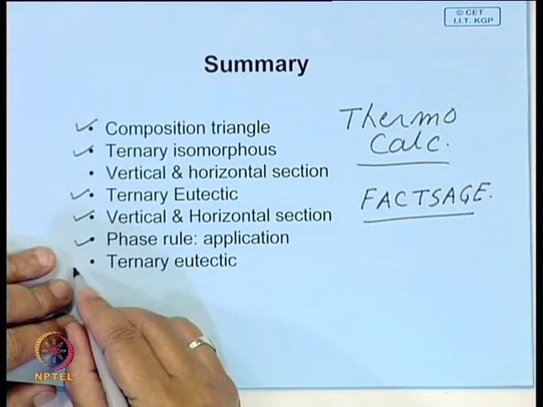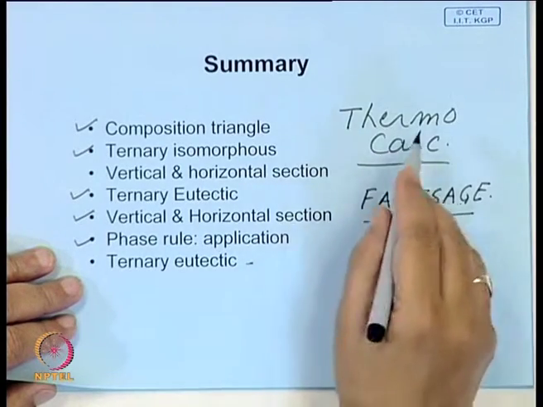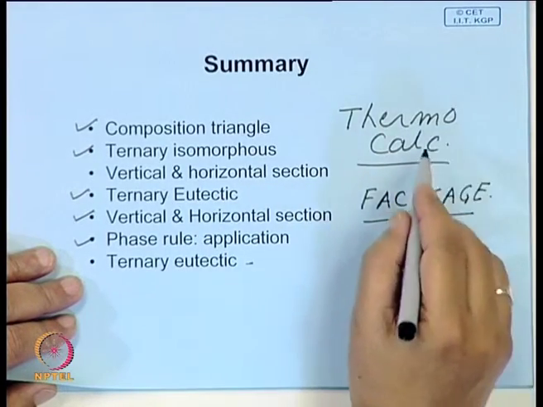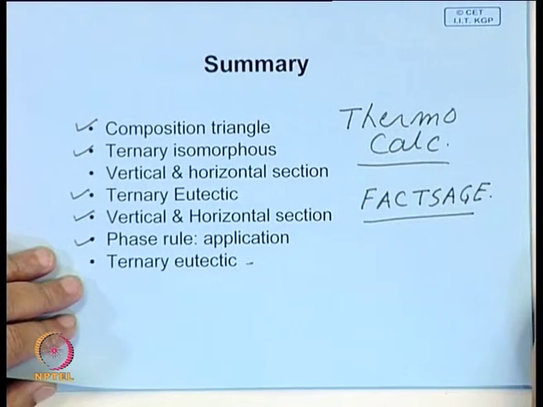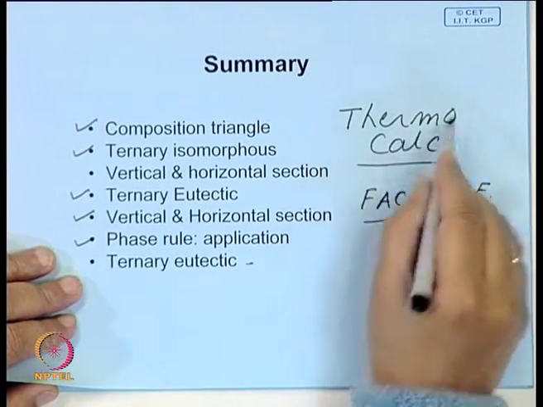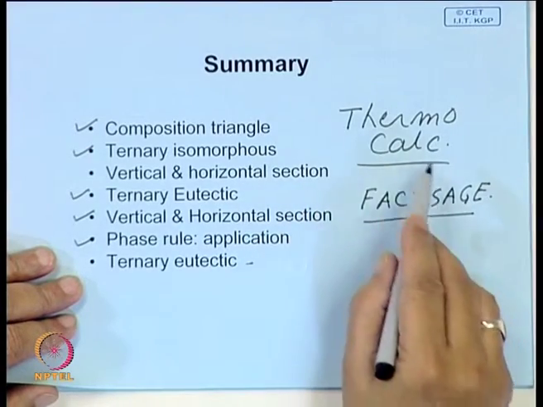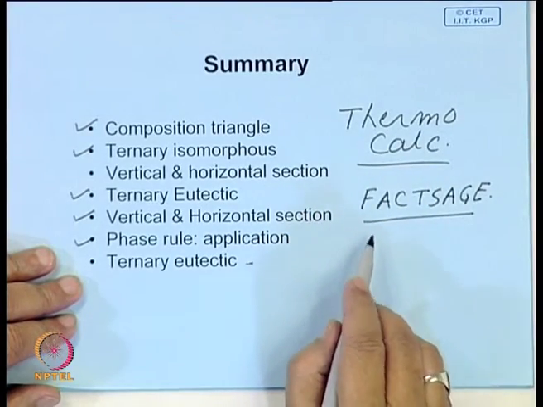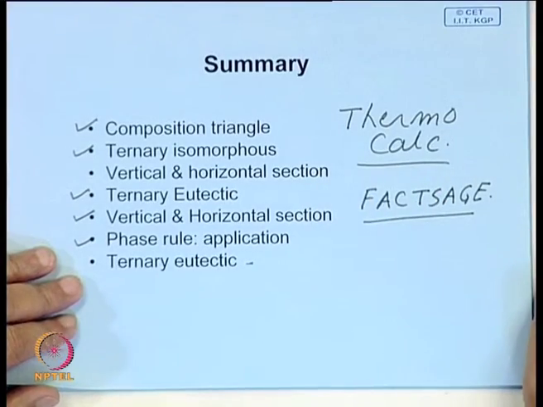We looked at the ternary eutectic calculation, and we also looked at how this concept can be extended to understand equilibrium in higher order systems, where in all probability you have to resort to thermodynamic databases with solvers, for which commercial packages are available like Thermocalc and FactSage. Thank you very much.